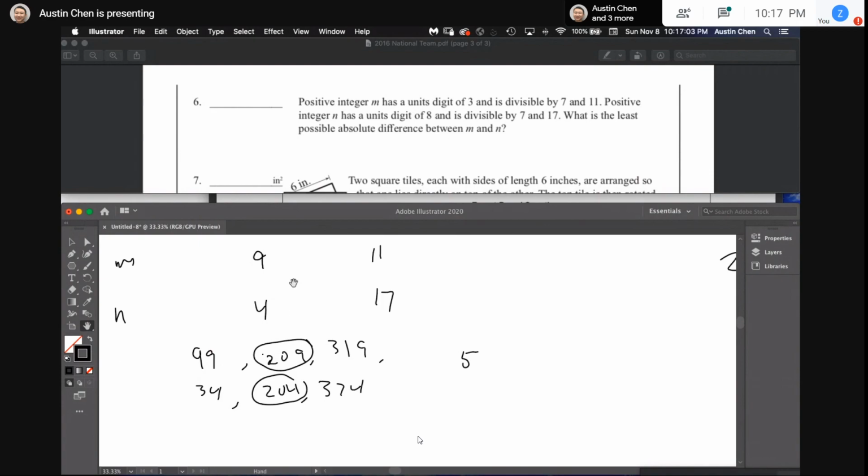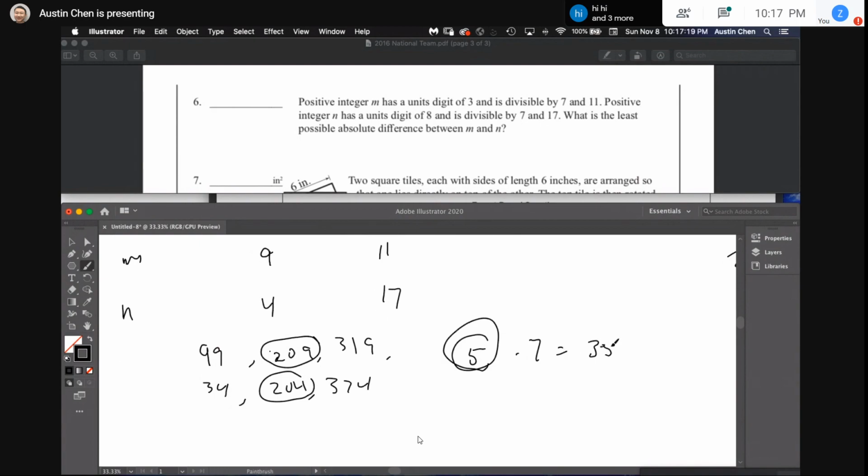There's literally no way you can have it smaller than that. So here we already have our least possible absolute difference. Then we just multiply this by 7, and we get 35. So this should be our answer.